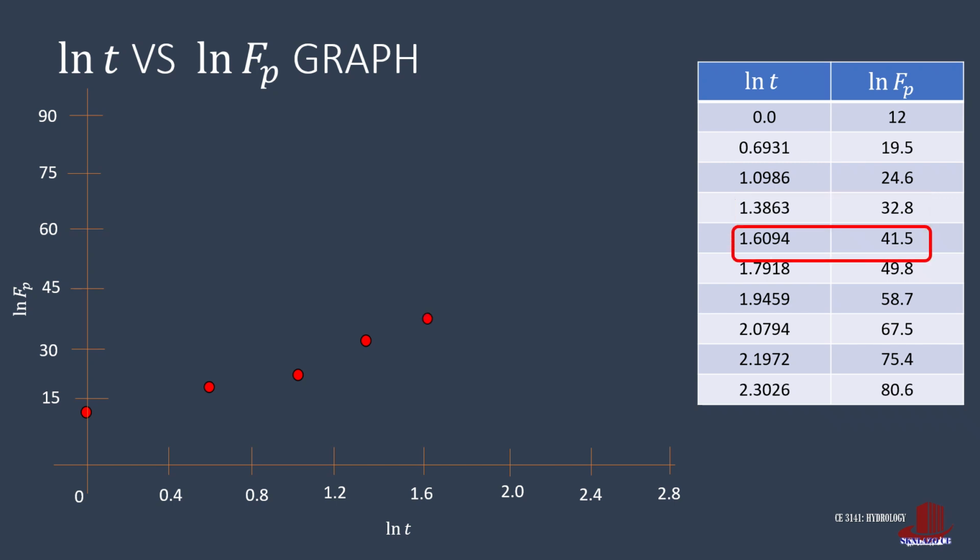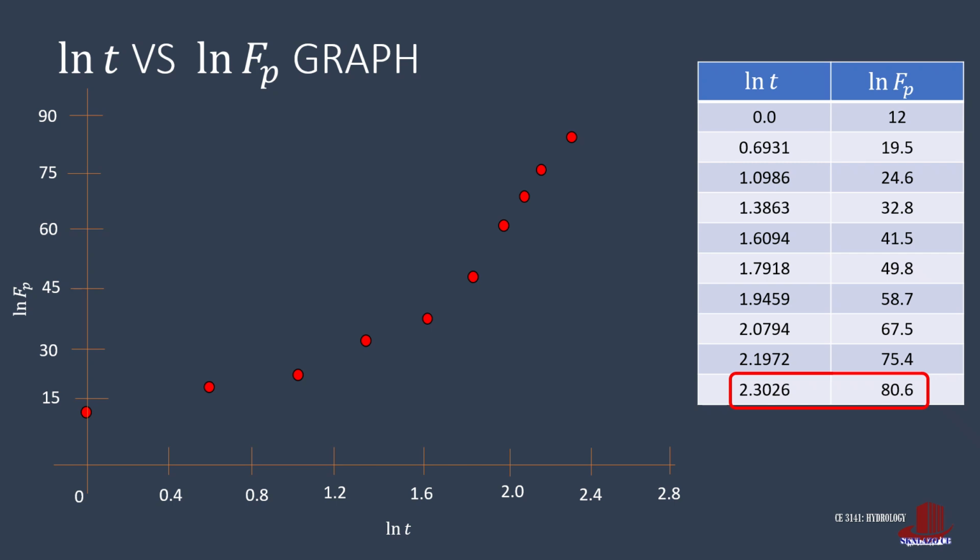Next is at 1.6094 and 41.5 with 1.7918 and 49.8. There is also a point at 1.9459 and 58.7 and 2.0794 and 67.5. Then also 2.1972 and 75.4. And the last is at 2.3026 and 80.6.